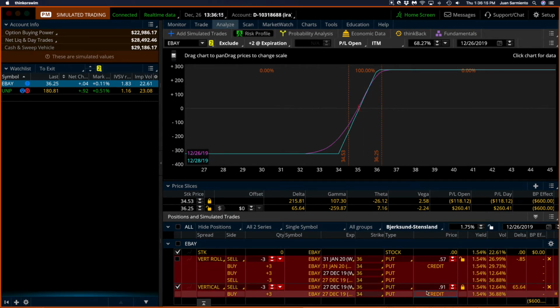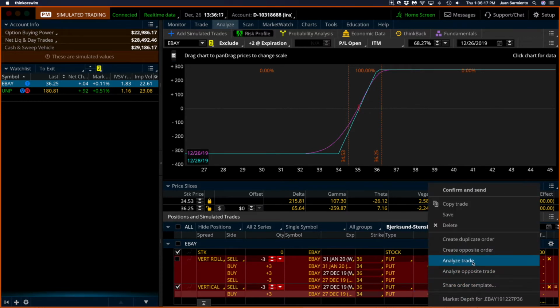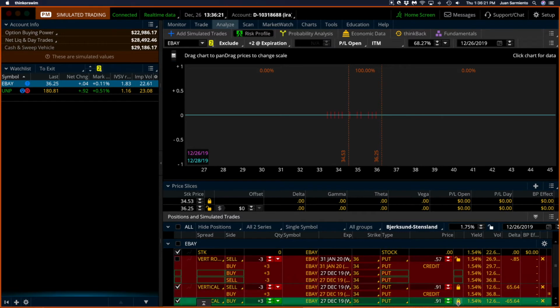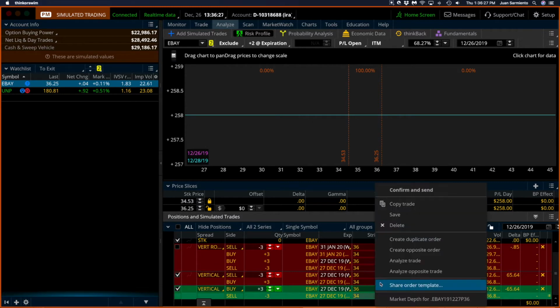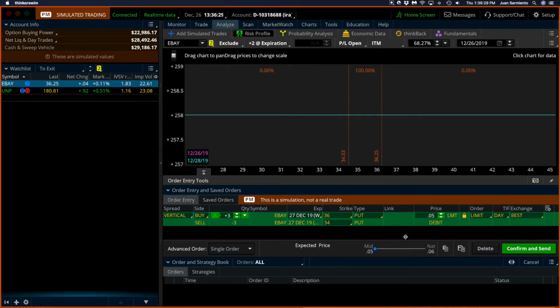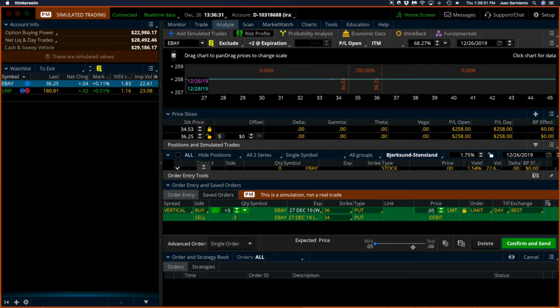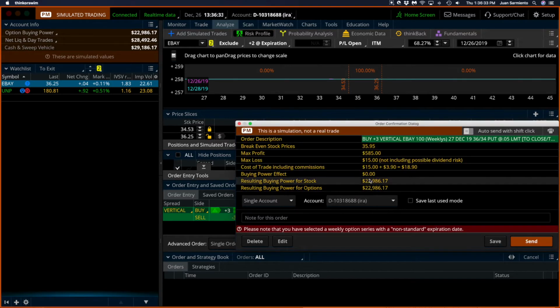So I analyze closing, analyze the opposite, and it will be 5 cents. That means $5 times 3 is $15 to close the position.